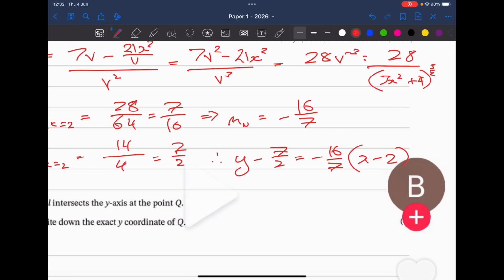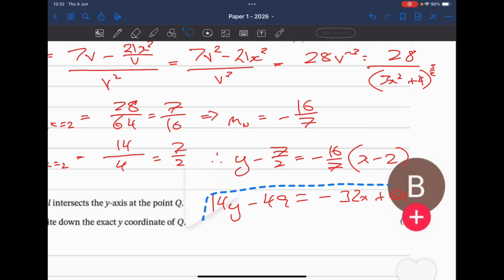Let's times by 14 to get rid of that 7 and that 2. So this times by 14 is 14y. This times by 14 is 49. This times by 14 is 32. I'll expand that out, so I have negative 32x. And then I times that by negative 2, so you get a positive 64.